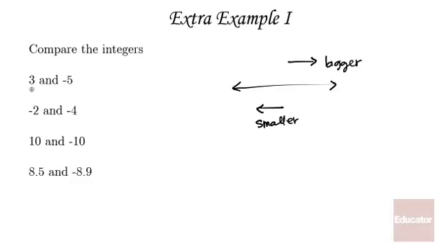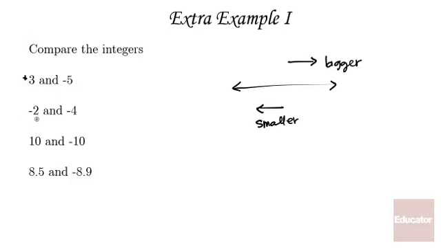By the way, this doesn't have a plus sign in front of it, but if there's no negative sign, that means it's positive. So with positive 3 and negative 5, I know that positive 3 is greater no matter what, because this is positive and this is negative, and positive numbers are always greater than negative numbers.